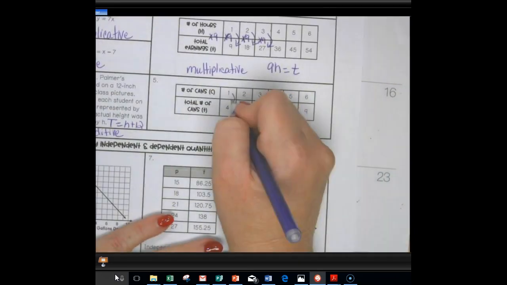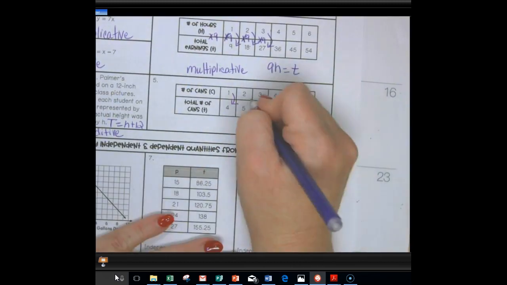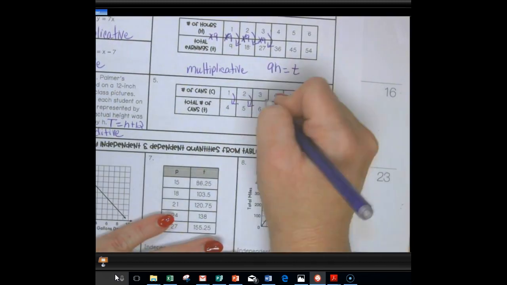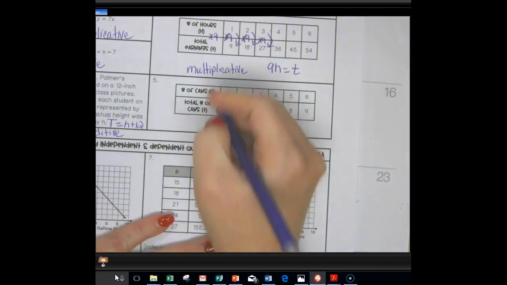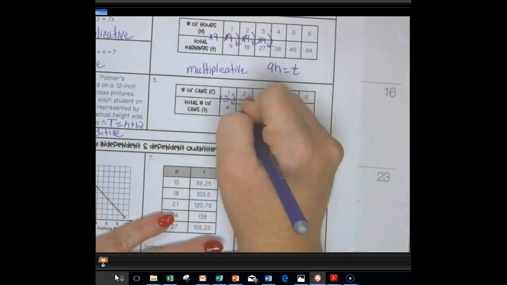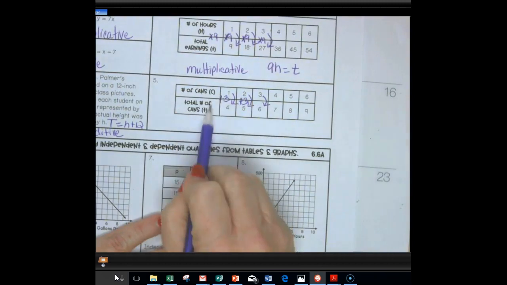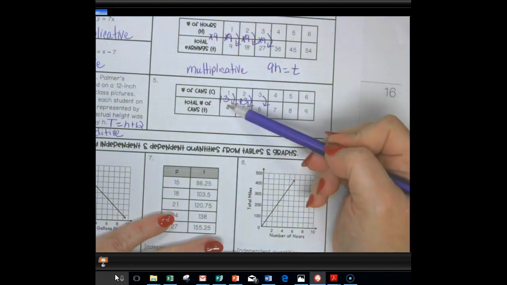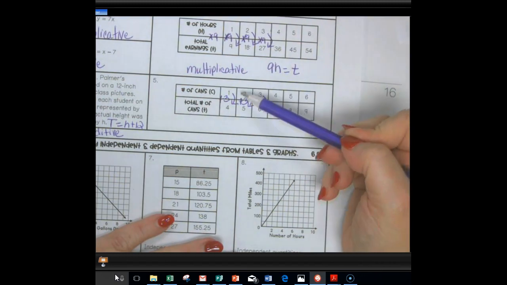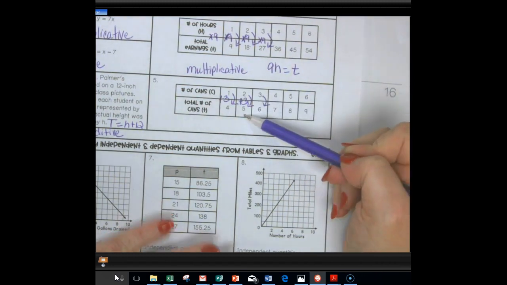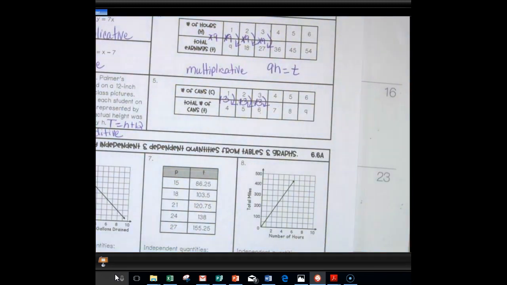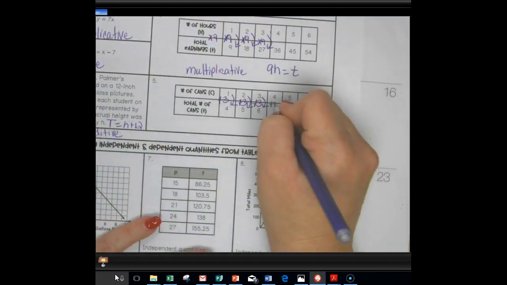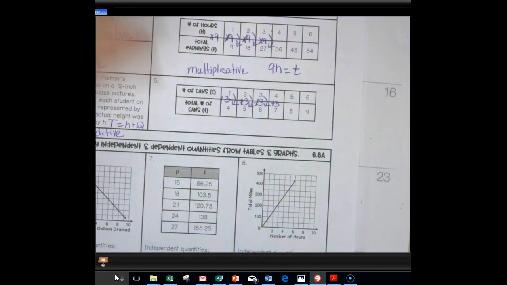How do I go from 1 to 4, 2 to 5, 3 to 6? I am adding 3 to each one. 1 plus 3 equals 4. 2 plus 3 equals 5. 3 plus 3 equals 6. 4 plus 3 equals 7.